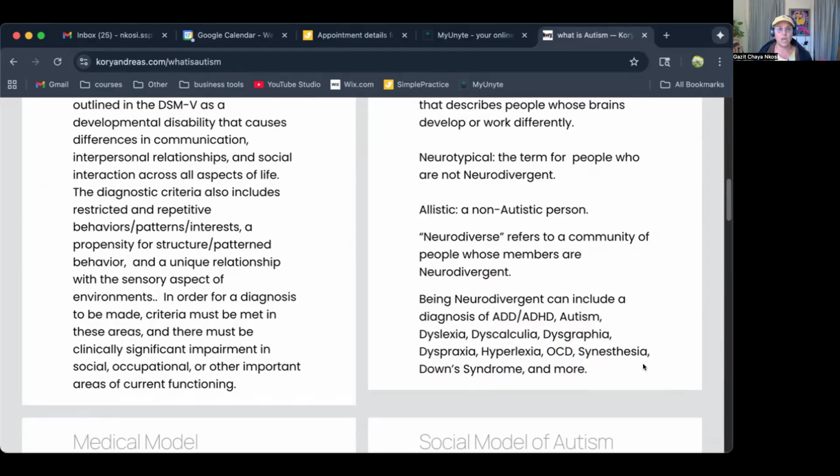And also, what was the other one I was thinking of? She has synesthesia here. There was another one I was thinking of that's acquired. Oh, like you could have a stroke and then you could have neurodivergence.